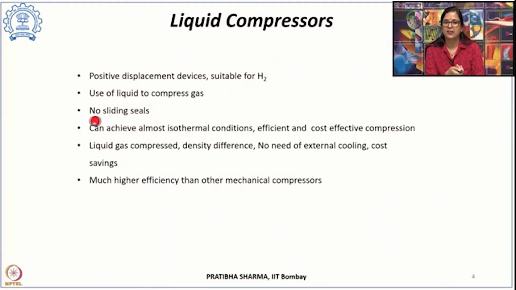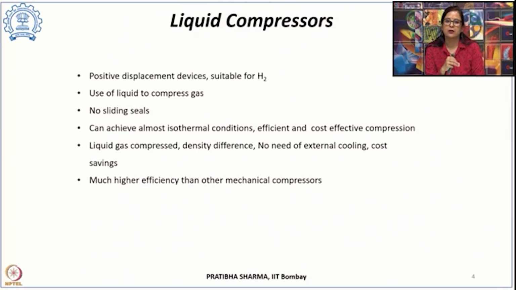There is no sliding seal, because there are no moving components involved in the compressor chamber, and since we are using liquid and gas for compression, the liquid that is used has a very good specific heat, a high heat capacity.